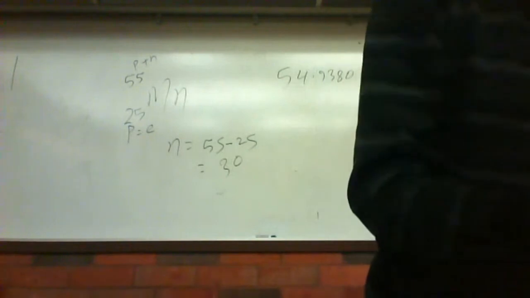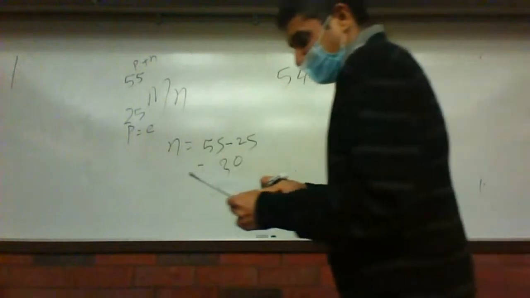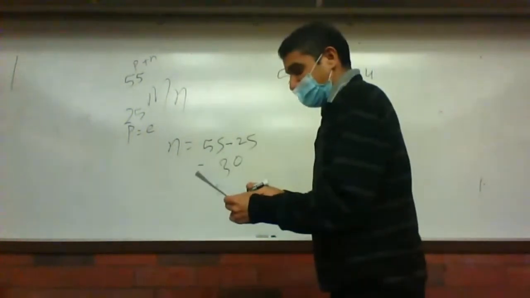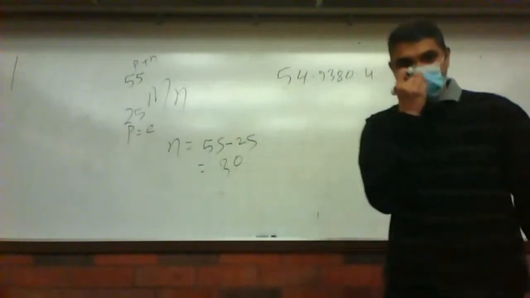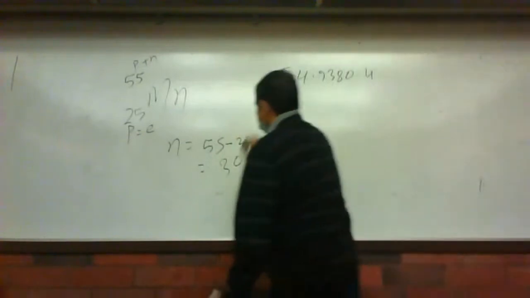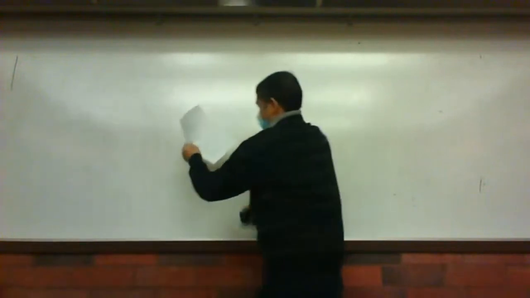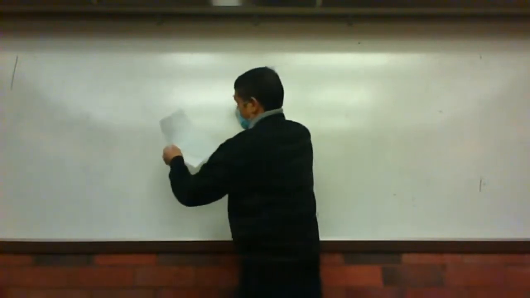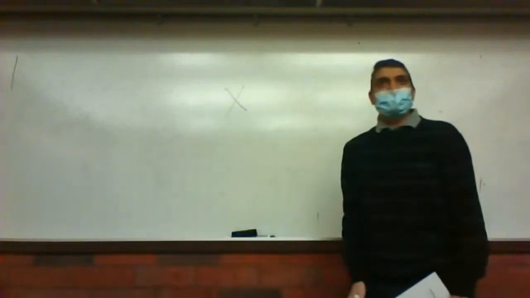Now let's look at question number 2 in the same slide. An atom contains 12 neutrons and has a mass number of 23. This is the atom, so I just write X, since I don't know what that atom is.